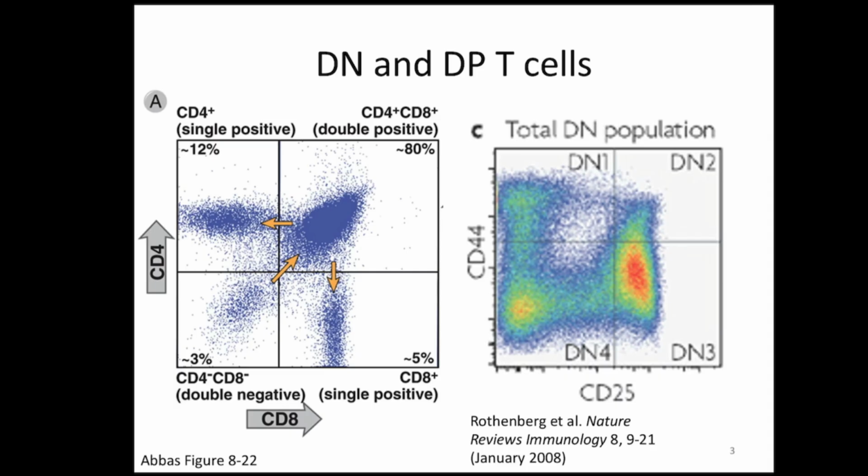We actually have different kinds of double negatives. So this is an example where you might make this plot of CD4s and CD8s. You might gate on the double negatives, basically just double click on the double negatives and say, I want to look at these cells with other markers to figure out which group of double negatives my cells are in.